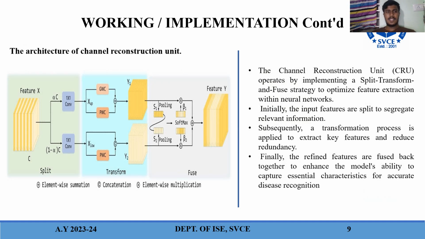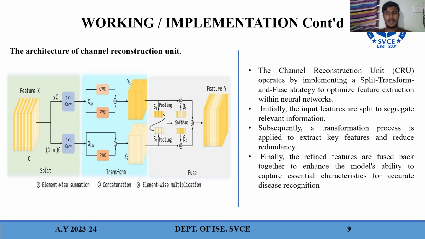So this is the architecture of the channel reconstruction unit, which works in three phases: split, transform, and fuse. The channel reconstruction unit operates by implementing split, transform, and fuse strategies to optimize feature extraction within neural networks. Initially, the input features are split to segregate the relevant information, and subsequently a transformation process is applied to extract the key features and reduce redundancy.